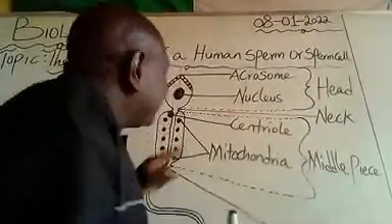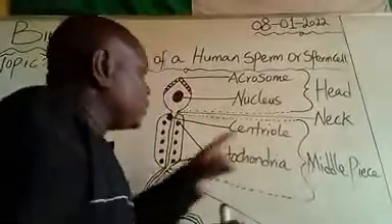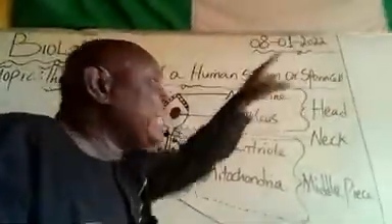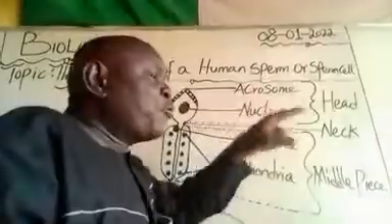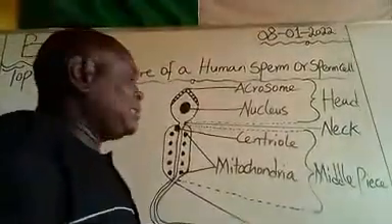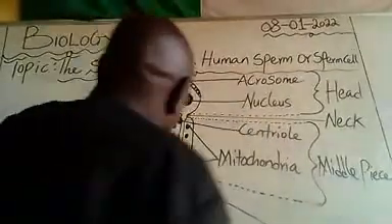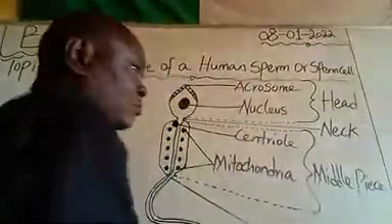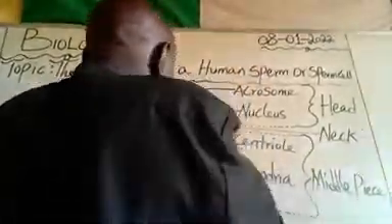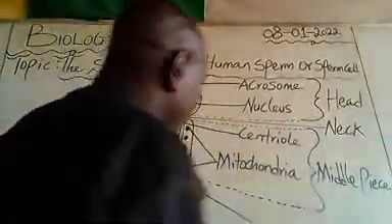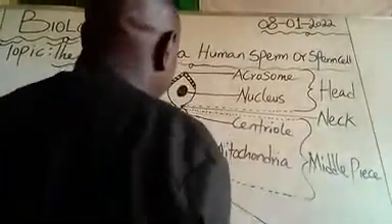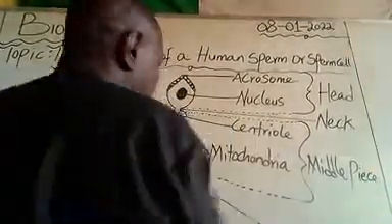It will energize the sperm to swim very well towards the egg in the fallopian tube. This is a powerful region.